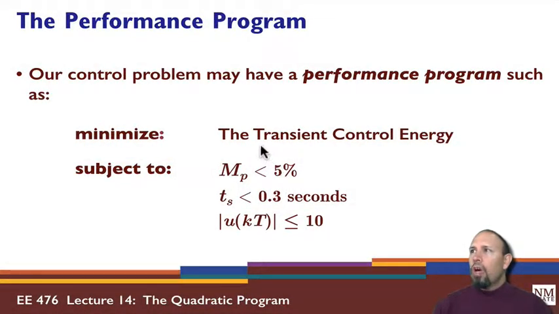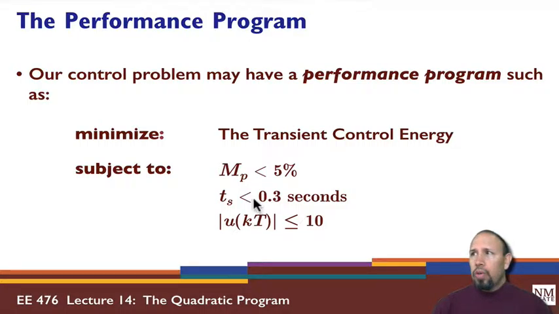As I mentioned before, we may have what's called a performance program that can be written something like this. That is, you want to minimize something like the transient control energy subject to the overshoot less than 5%, settling time, say, less than 0.3 seconds, maximum control effort less than some quantity. And again, these numbers are generally specified by the control problem that you're working with.